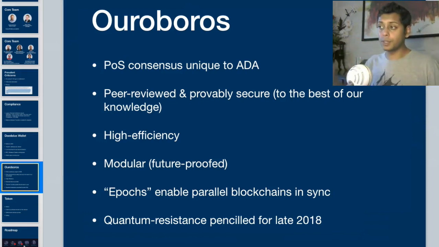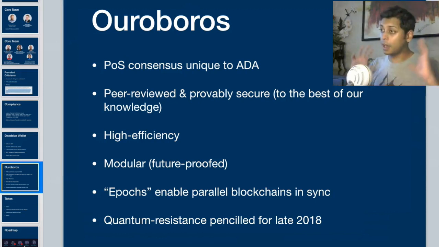What we do know for sure with all the testing done on the Ouroboros network is that it's highly efficient, it's modular so it can be easily updated, and they have this little thing called epochs, which will enable parallel blockchains in sync to hopefully solve the interoperability issue that we discussed right at the beginning of this video.